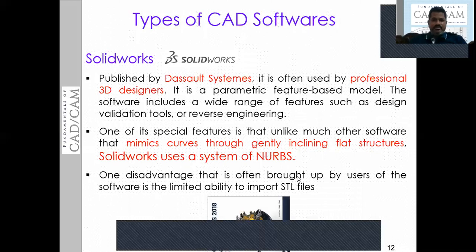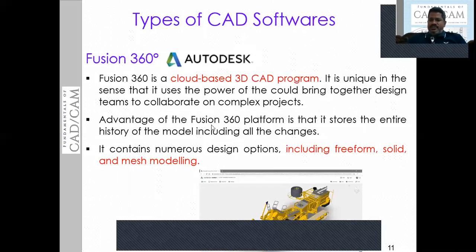The advantage of the Fusion 360 platform is that it stores the entire history of the model. Suppose you have created a 3D model and you are doing many modifications on it. That modification history will be available in this software, whereas in other software the modification history is not available.